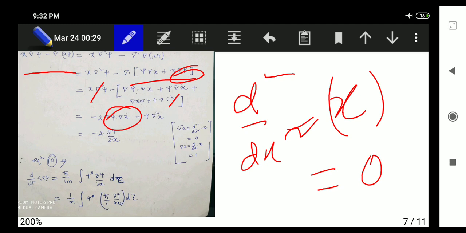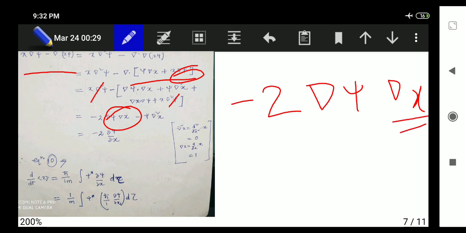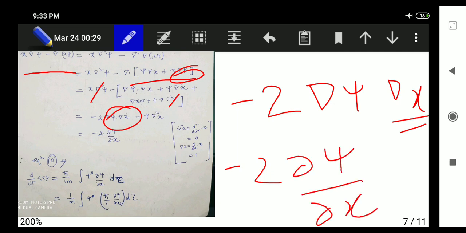That's why the second term will vanish, and you are left with minus 2 del psi del x. Del x means again d/dx of x, which is 1, gone. So you are left with 2 del psi, or in one dimension I can write 2 del psi by del x, this term.